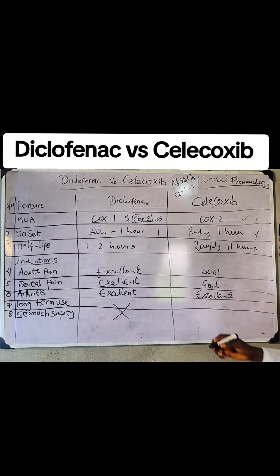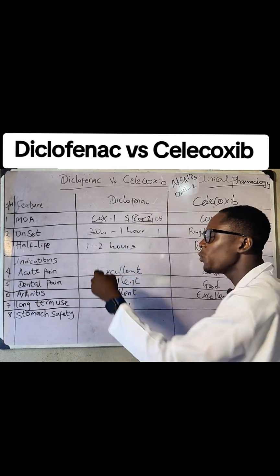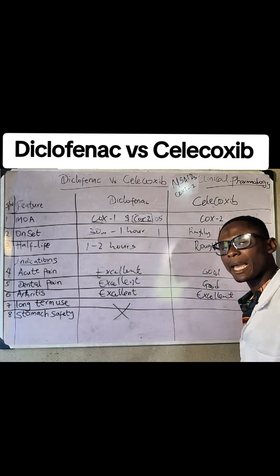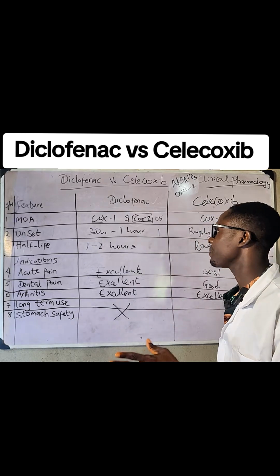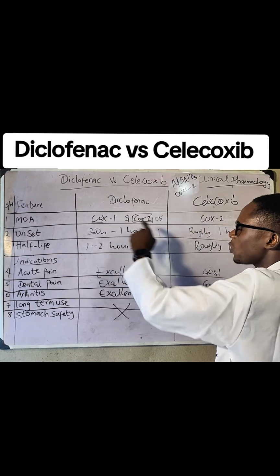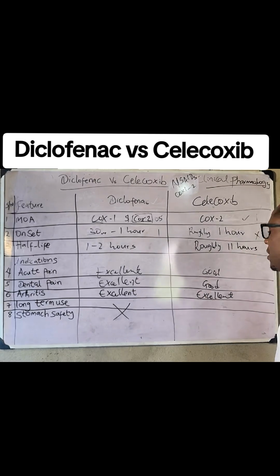However, Celecoxib, which is a preferential COX-2 inhibitor, is not going to inhibit COX-1, which is seen as a housekeeping enzyme, a maintenance enzyme. So as far as it's not going to affect COX-1, Celecoxib is preferable for what?